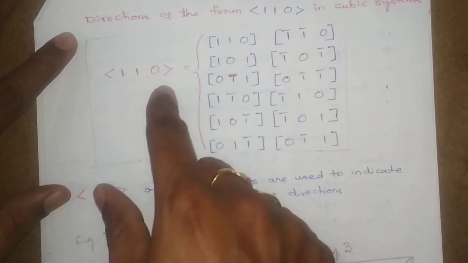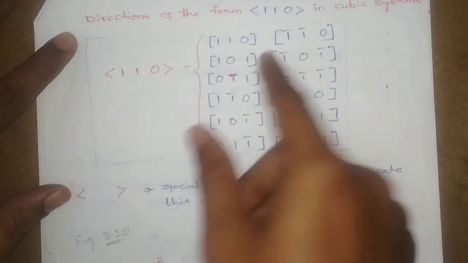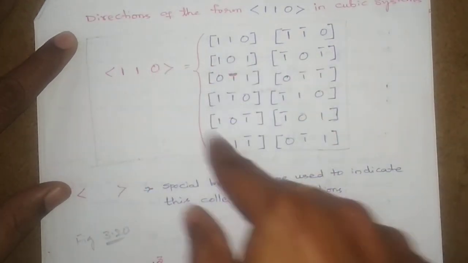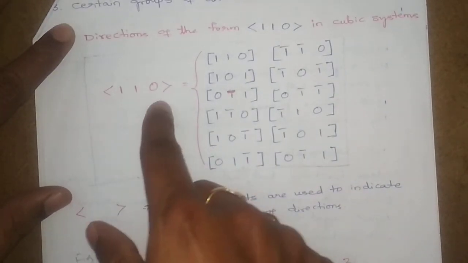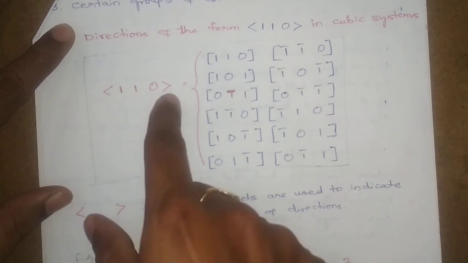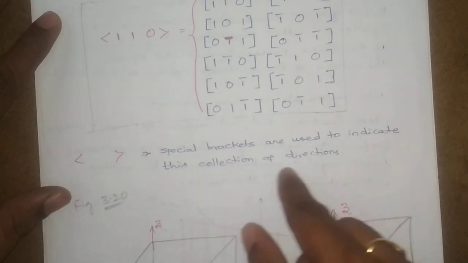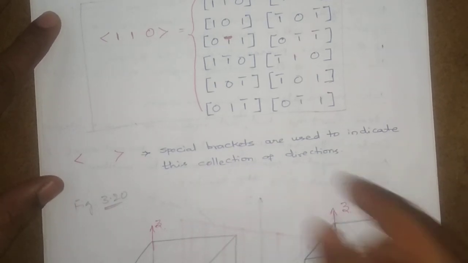So 1, 1, 0 means 1, 1, 0, 1, 0, 1 and so on. A group of 12 directions can be represented with a family like 1, 1, 0 enclosed in special brackets. So the special brackets are used to indicate this collection of directions.